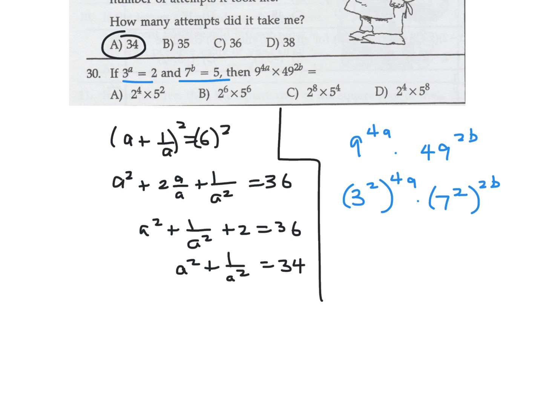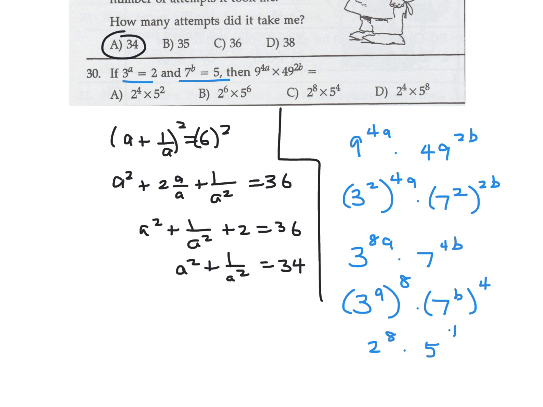So this would be 3 to the power of 8a, 7 to the power of 4b. And then if you take out the a, that'll be 3 to the power of a to the 8, 7 to the power of b to the 4. So that's 2 to the power of 8, and then 5 to the power of 4. 2 to the power of 8 and 5 to the power of 4 is C.